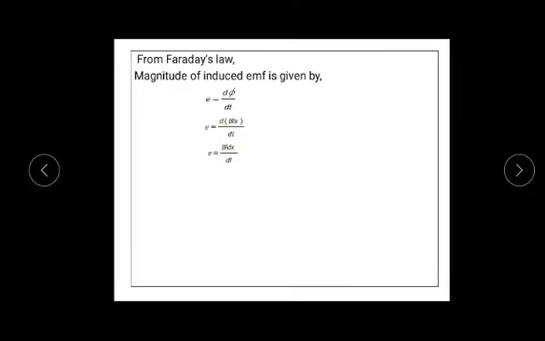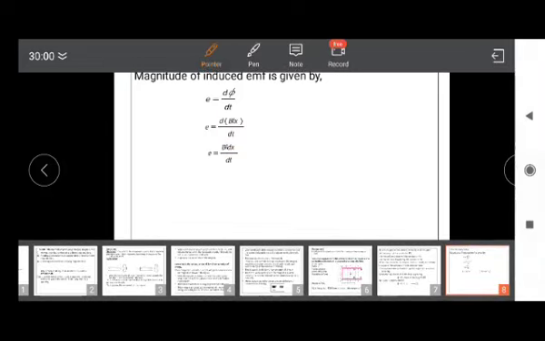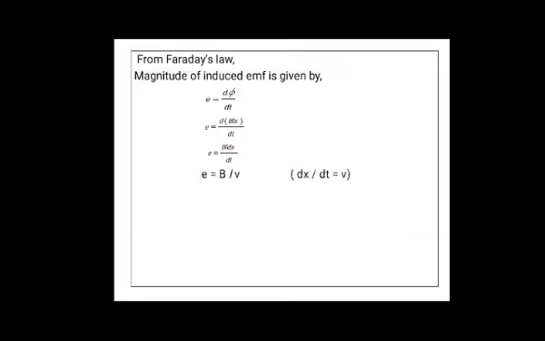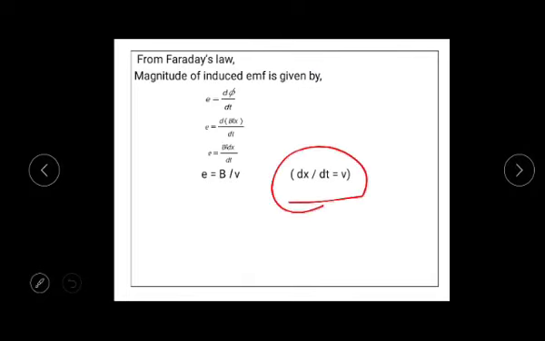Now dx divided by dt is nothing but velocity, because the rate of change of displacement is velocity. So when you substitute dx by dt as v, you will get E equal to B L V.